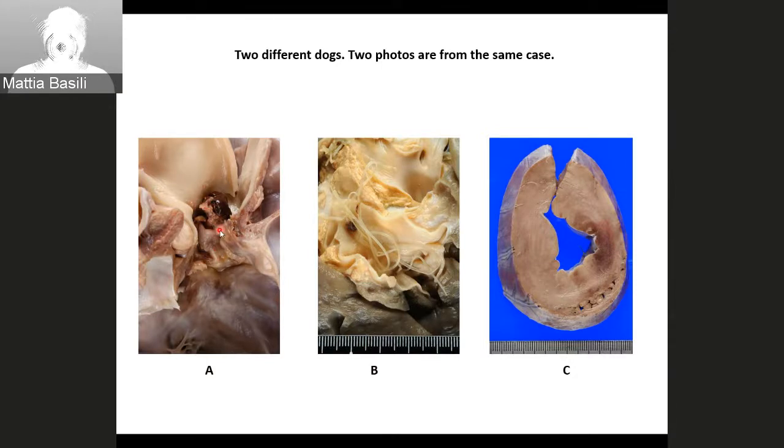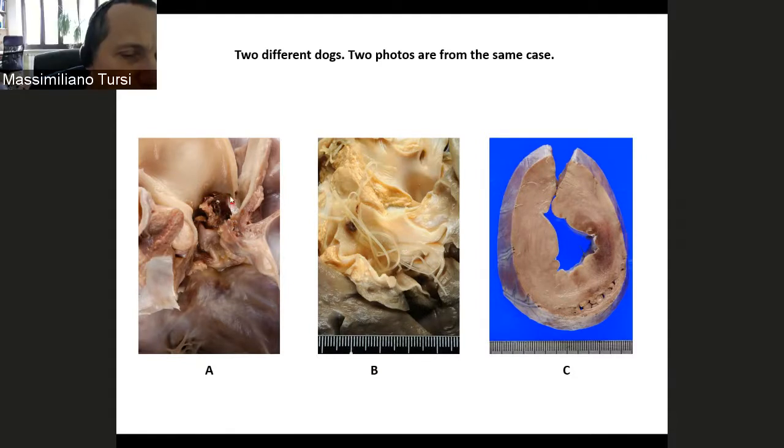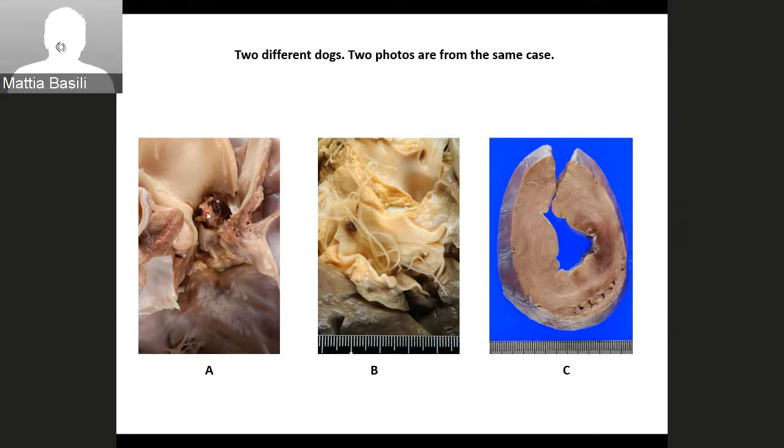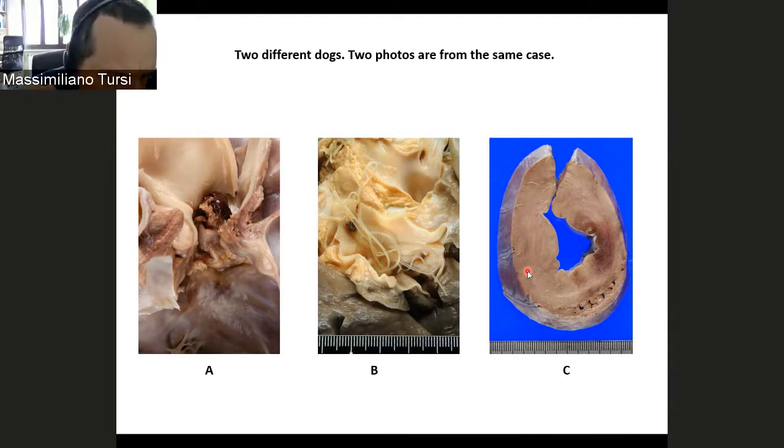Look here, for example. I'm sorry, Mattia. Look here. That's a piece of blood. That's a clot. But look here, that's kind of a more proliferative, pale, nodular proliferation. That's an exophytic endocardial proliferation.